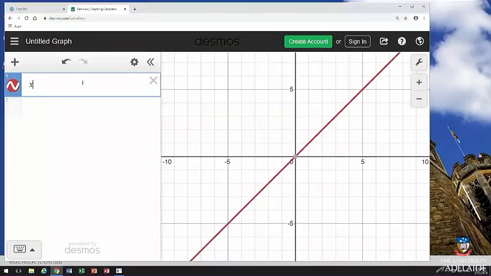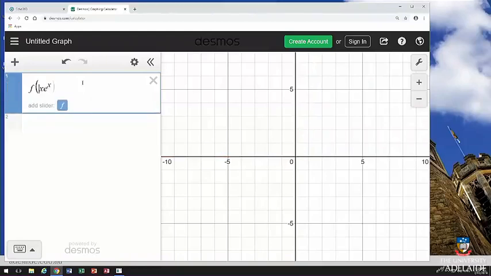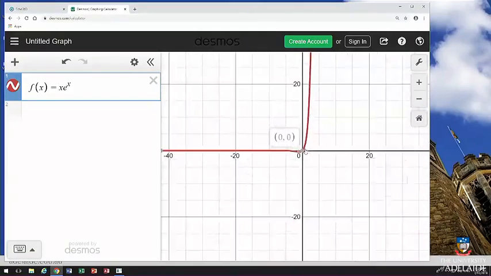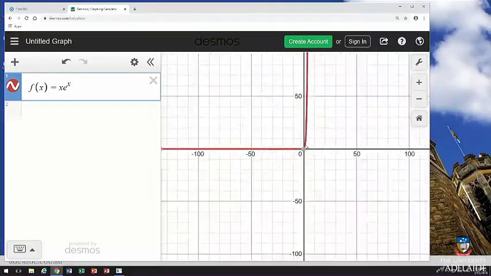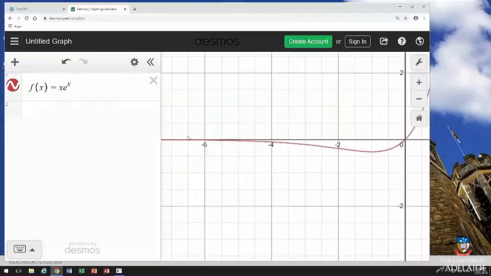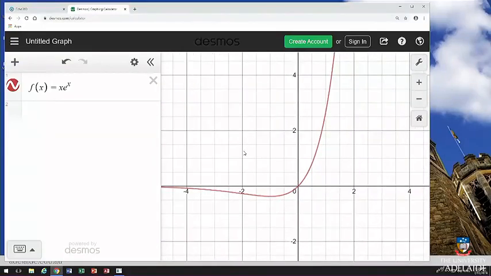For example, that, and that's what it looks like. It goes up very fast when x is big, but it's very close to the x-axis over here. And what we would like to do is attempt to find a polynomial that is very close to this.